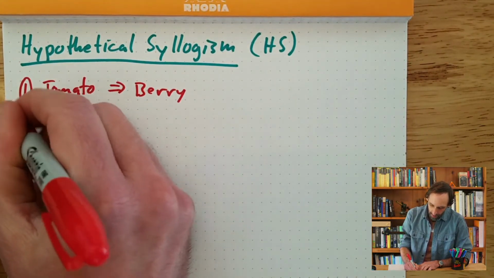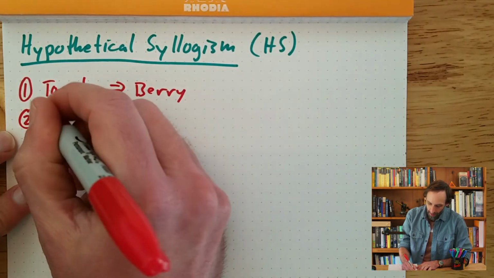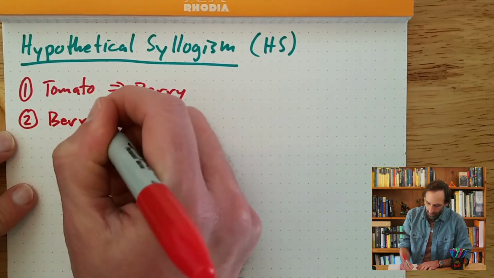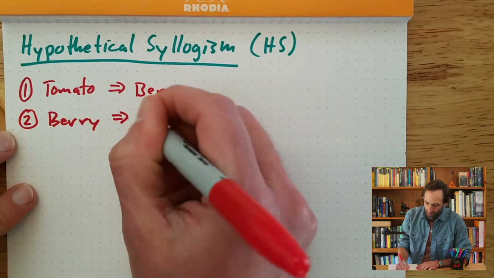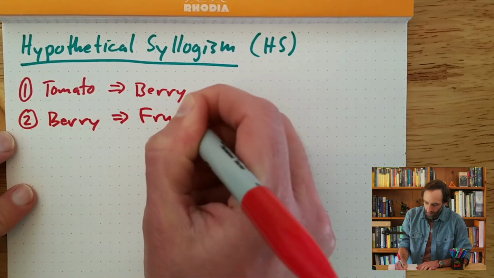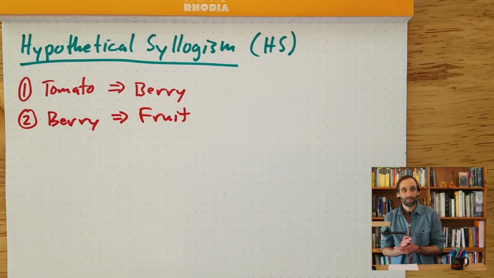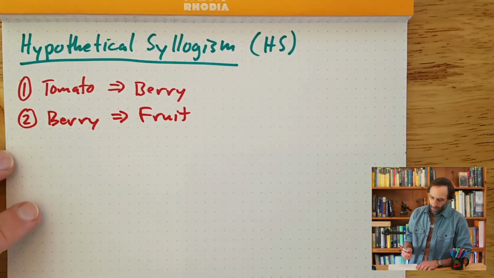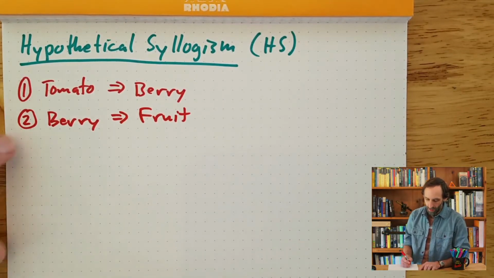Okay, and then the second premise is that berry implies fruit. Okay, and what can we conclude from these two premises?